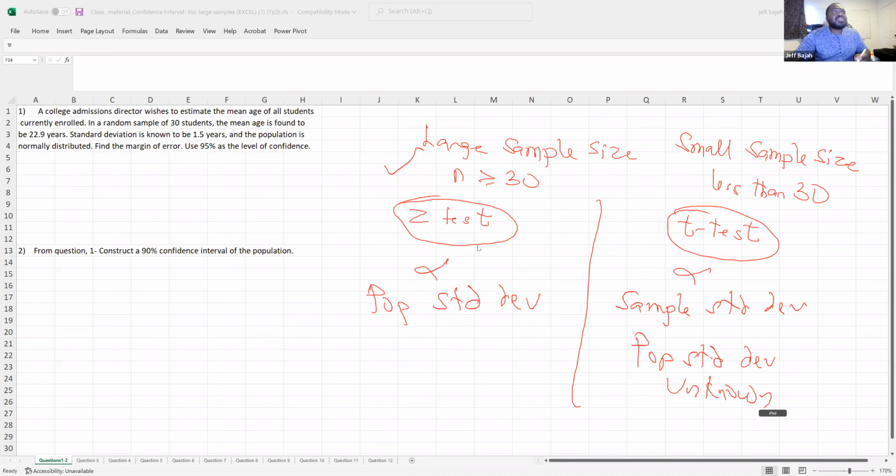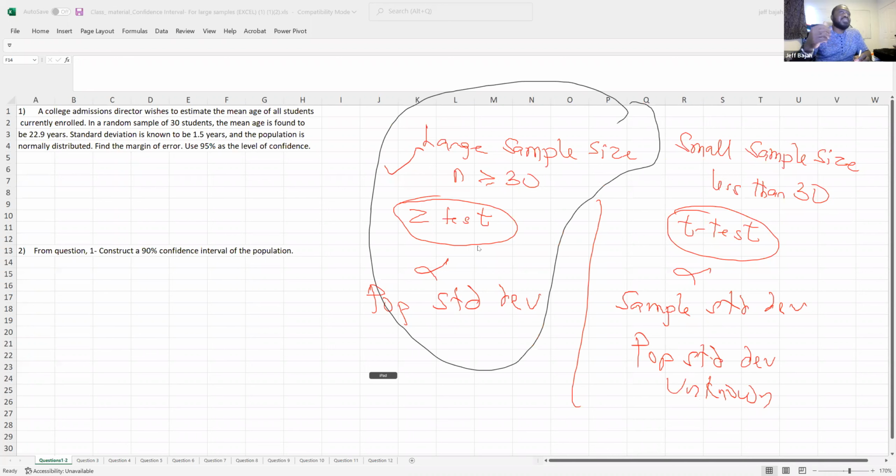And so for this first video, we're going to go ahead and solve questions that have to do with using z-test. That's when you have a large sample size and when the population standard deviation is known. In the next video, we're going to look at how we solve questions where you have a sample size that is less than 30 and where you have the population standard deviation unknown.